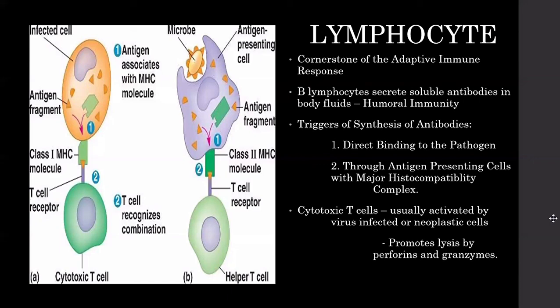Ang question is, what is the trigger of synthesis of antibodies? It can be direct binding to the pathogen and to your antigen-presenting cells with MHC or your major histocompatibility complex. Yung sinasabi ko kanina, this is your granulocyte.